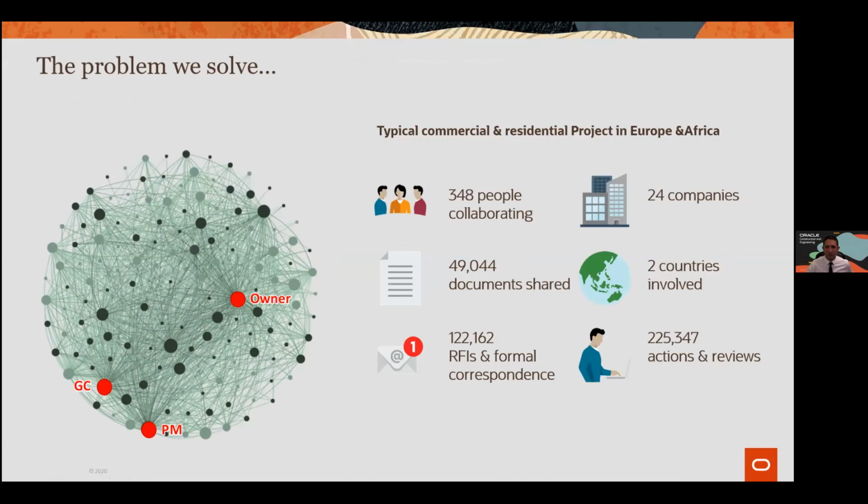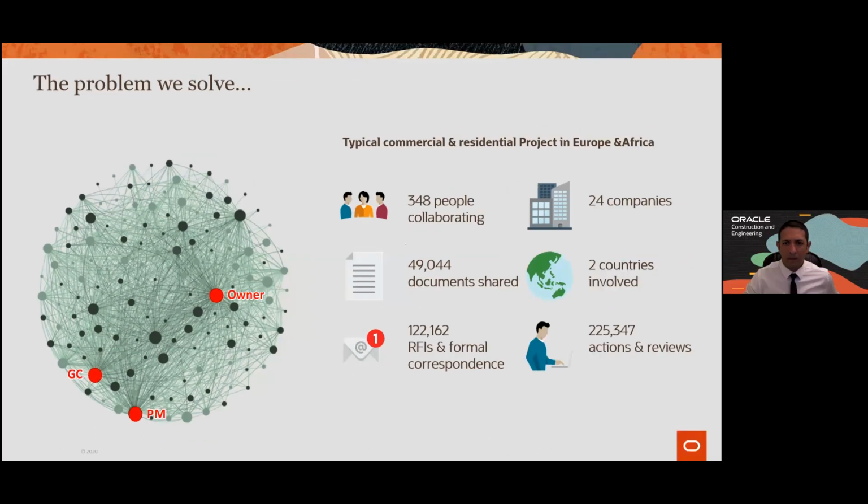And when you look at the number of RFIs and formal correspondence, it could be an RFI, a design change request, or a variation order that needs to be approved, we are looking at about 122,000. And the number of companies involved is about 24. So this is a huge amount of data that you need to work with.